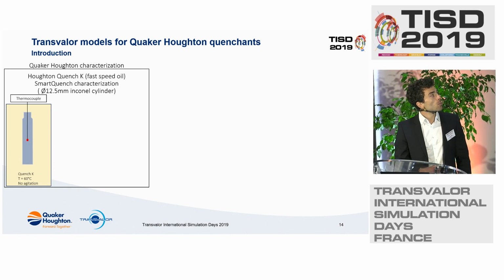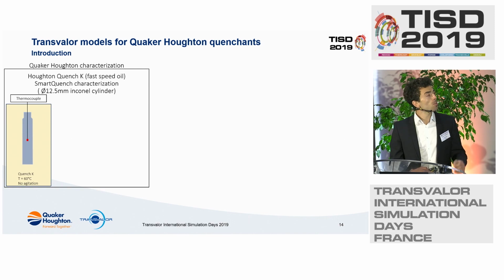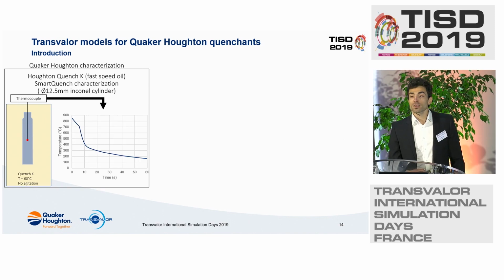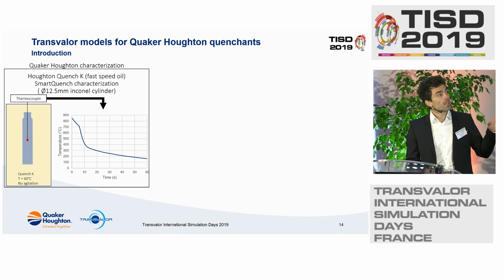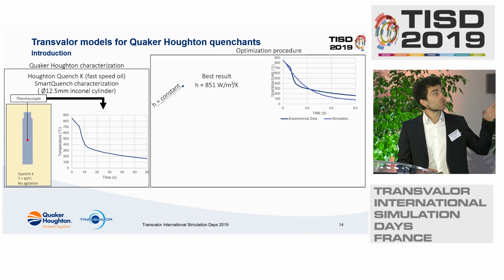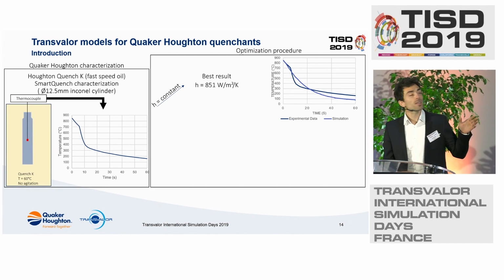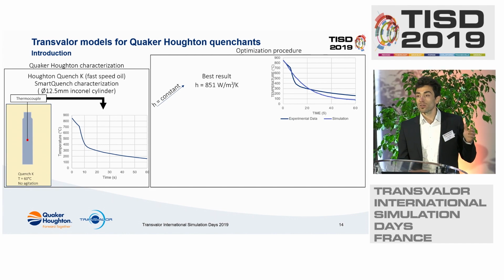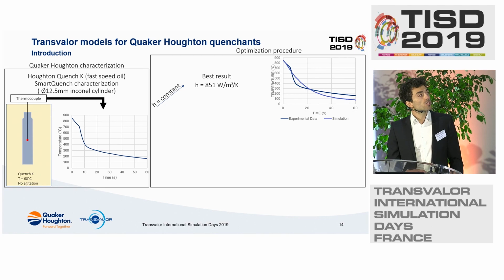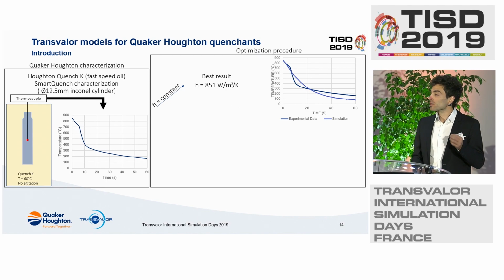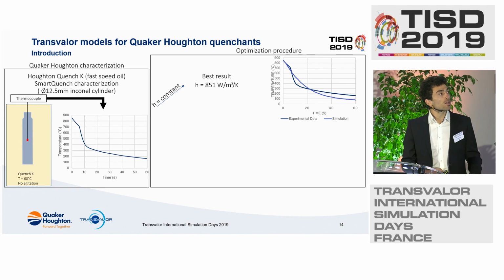So the thermocouple here at the center of the probe gives us a cooling curve. And now, if I use Forge to reproduce this simple experiment, and I use the optimization module to determine the best heat transfer coefficient. If I consider a heat transfer coefficient which is constant, we can see here the simulated curve in light blue.